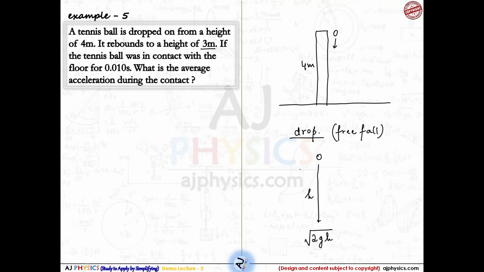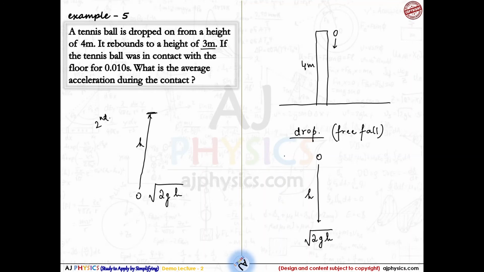This is one thing. And let us suppose you have to send this ball to some height here, like this height is h. If the ball has to reach this height, the speed at the ground should be root 2gh. This is the second thing.